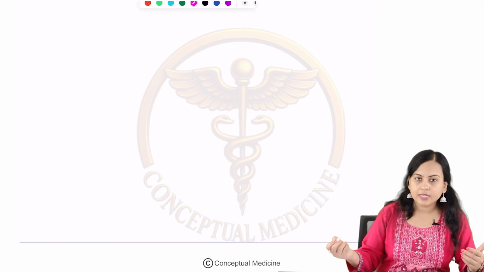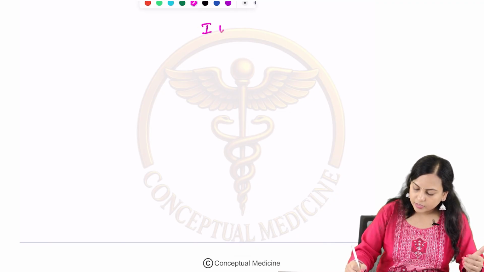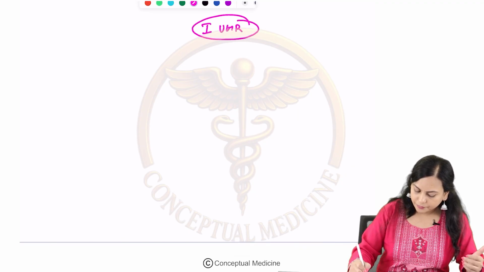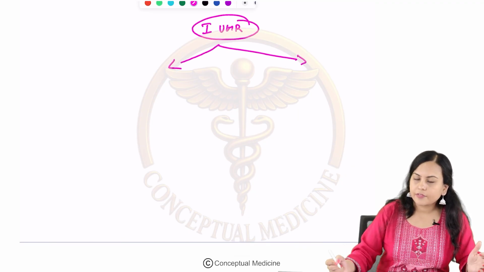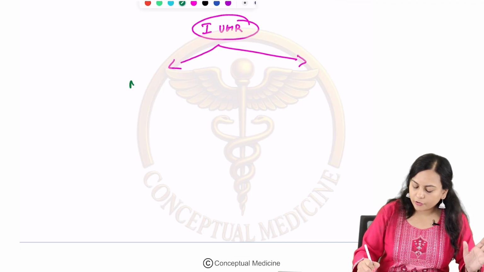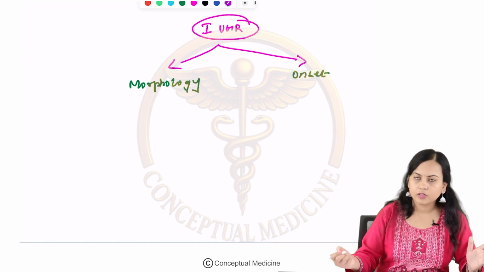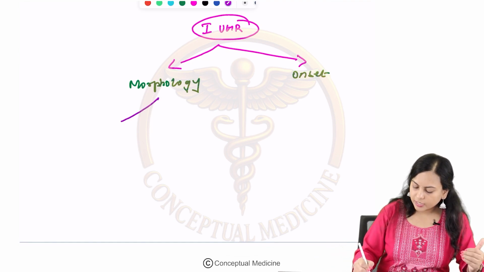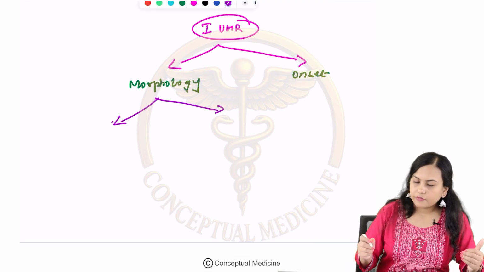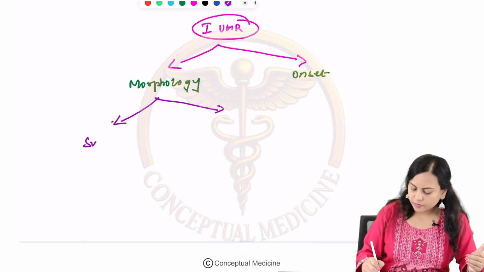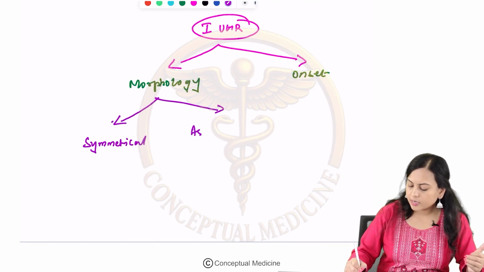So if you see IUGR, that is intrauterine growth restriction, it can be classified based on the morphology or the onset period. Okay. So morphology types include symmetrical IUGR and asymmetrical IUGR.